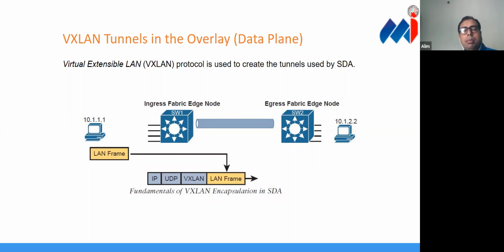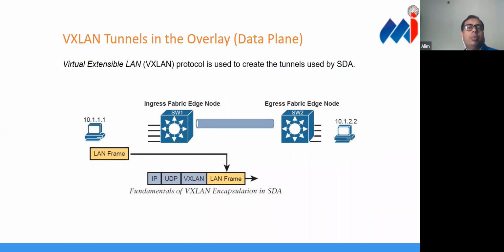So how VXLAN encapsulation is performed in the network. You have LAN frame or layer 2 frame, and that is attached with a VXLAN header and then UDP, then IP address. IP address for layer 3 passing. Okay. So there will be a tunnel between the switch 1 and 2 using VXLAN.